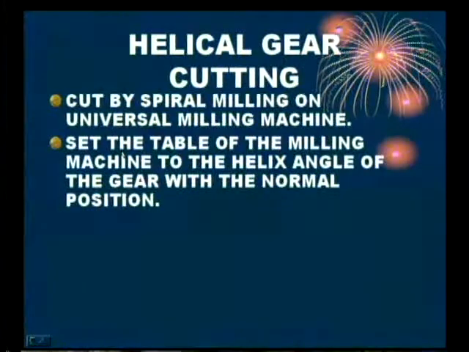The first step in producing this helical gear is that the table, on which the index head as well as the tail stock are mounted, is to be set at an angle to the normal position, equal to the helix angle of the gear. The table is to be rotated through an angle equal to the helix angle.